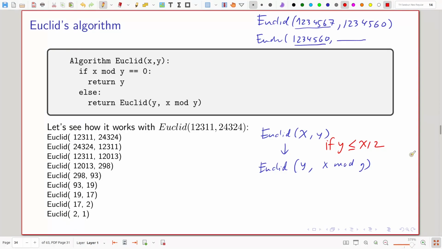So in this case, what would happen? What is the recursive call that I made? Then I do this, right? So when I call Euclid, this is my x and my y, right? So I put y here. And this, what is this number? This number is x mod y, right? What is x mod y in this case?